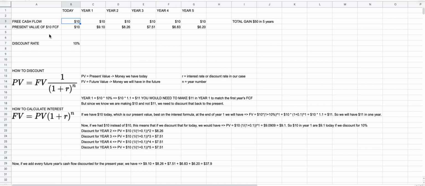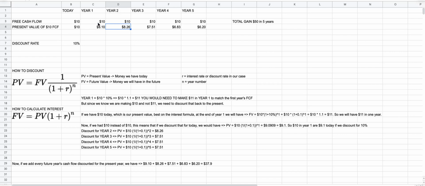And that's because the discount rate is eating up our money as the years progress. Basically, the discount rate is the inverse of the interest rate. And $10 in year 1 is $9.09 today, as you see here. And now if we do the same calculation, the same formula, for year 2, year 3, year 4, year 5, as you see here, we're getting 8.26 for year 2.